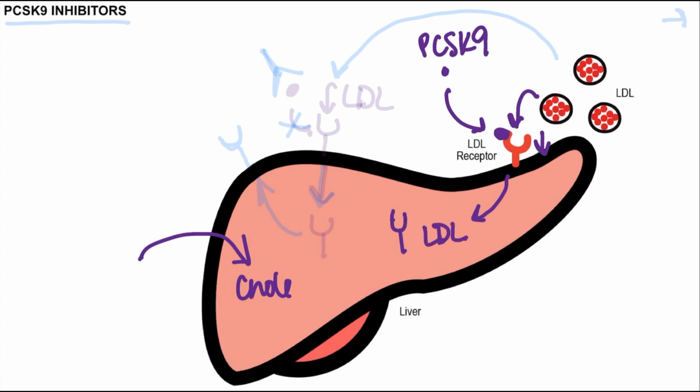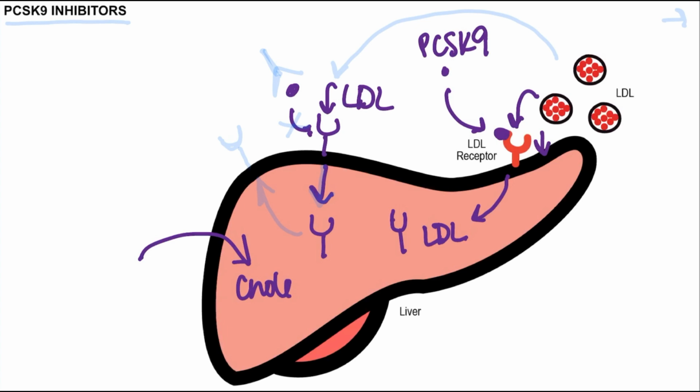But if PCSK9 is not bound to the LDL receptor when LDL binds, the complex will be similarly internalized, but instead the LDL receptor will not be degraded, just the LDL. This receptor will then be recycled back to the surface where it can aid in further clearance of LDL from the peripheral circulation.